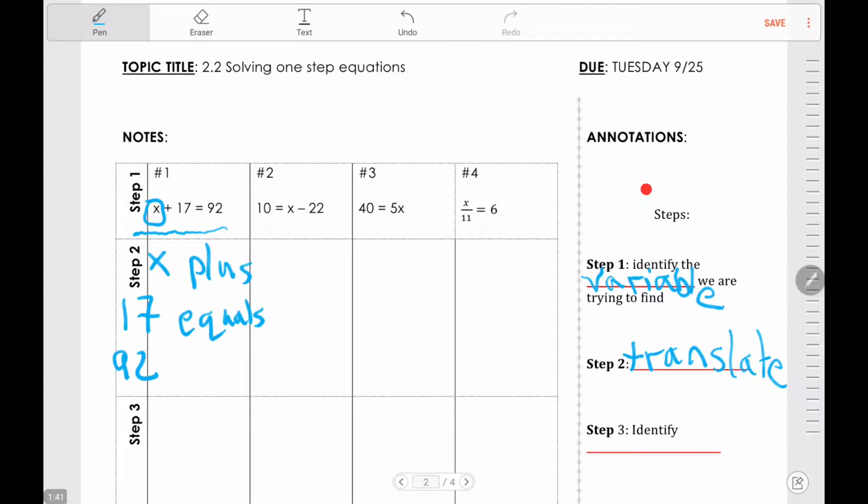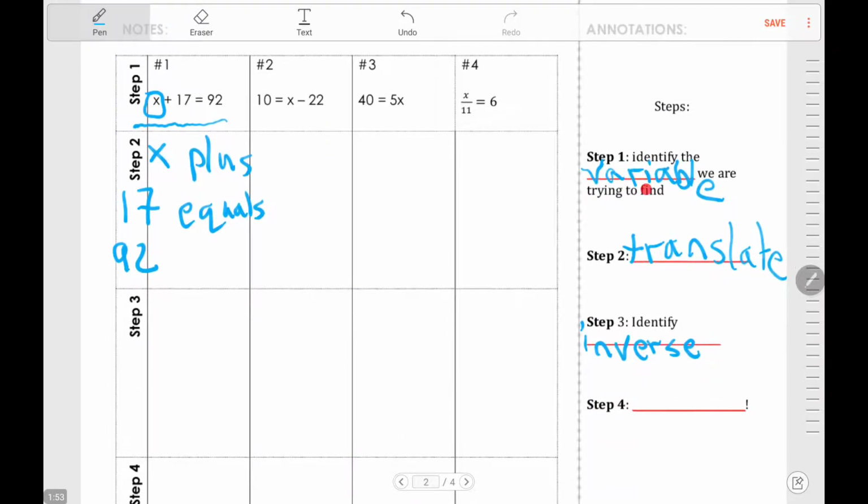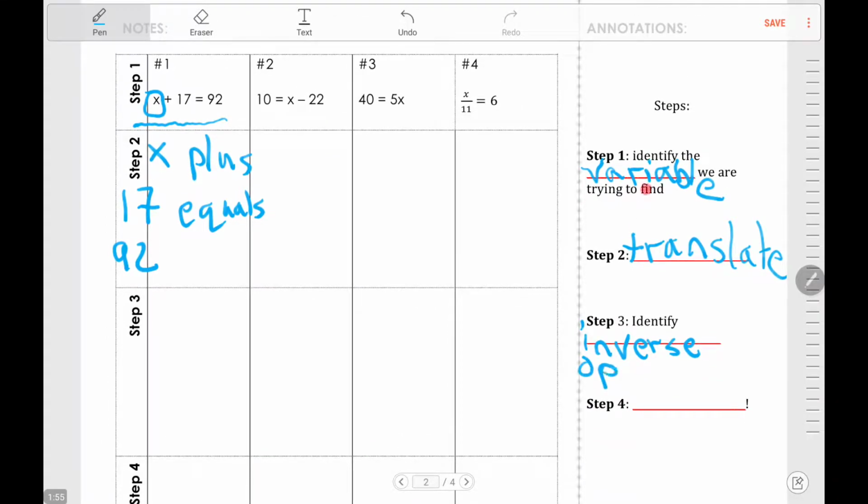What's the next step? Well, eventually we want to figure out what this x is. So to do that, we need to identify the inverse operation. So like we talked about in class, we have to think about how we undo what we did.